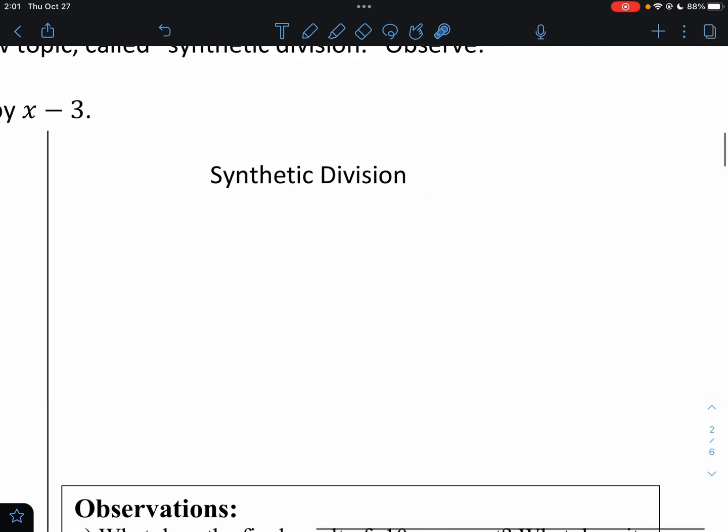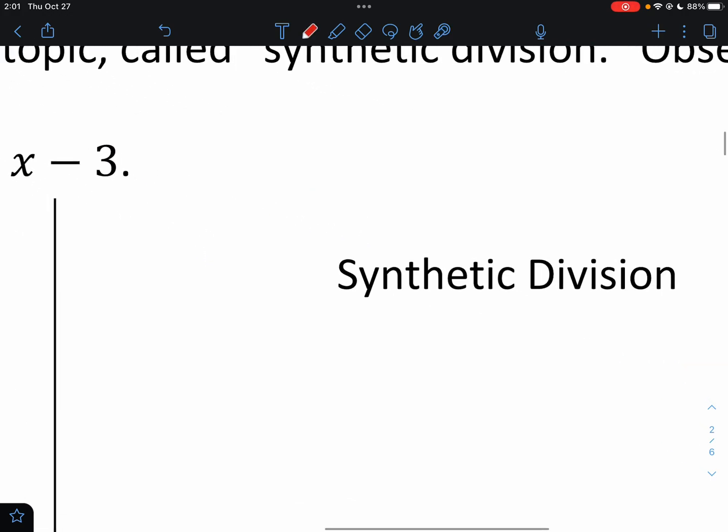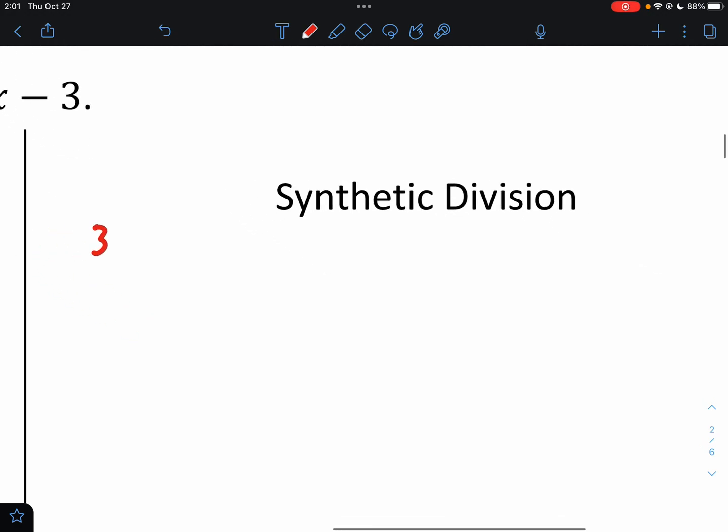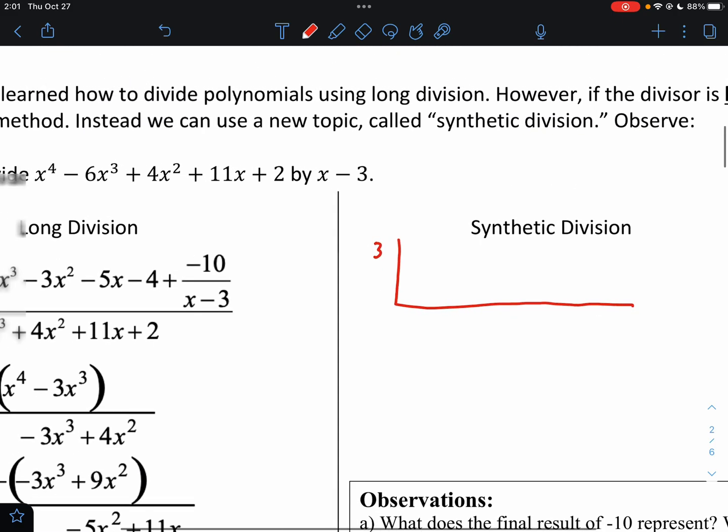So here's what we're going to do. We're going to take the root of this, so the opposite of this number, so that would be 3. I'm going to write that down here, 3. Then we're going to open up an elongated L-shaped figure here. And then next to that 3, I'm going to put all the coefficients of these numbers. So you've got to be careful here. If there's any degrees missing, you have to put in a 0.